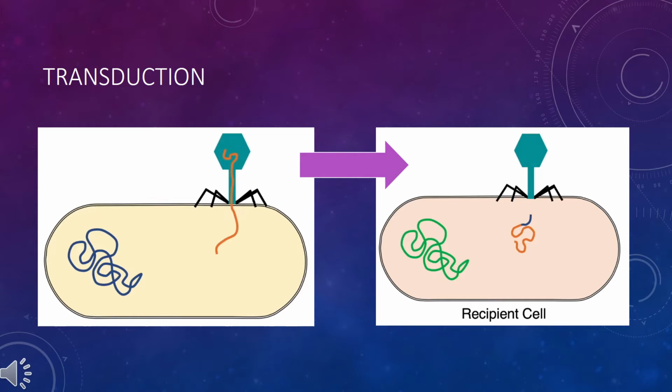And this yellow bacterial cell is what we call the donor cell, and the other one is what we call the recipient cell. So the genetic material from the donor cell will transfer to the recipient cell by the help of viral vectors, or what we call bacteriophage.